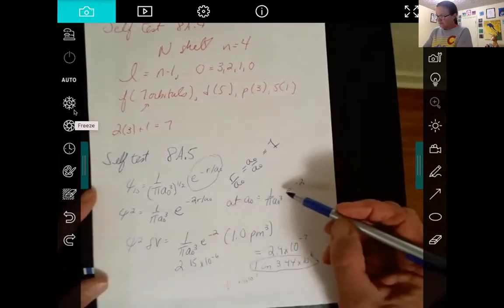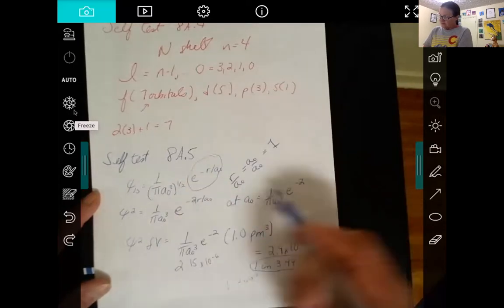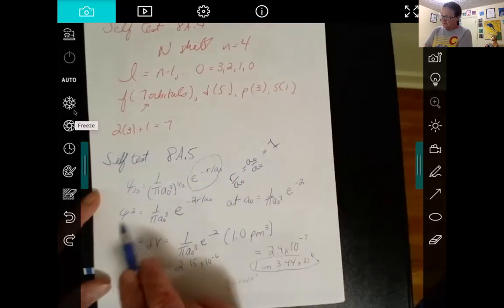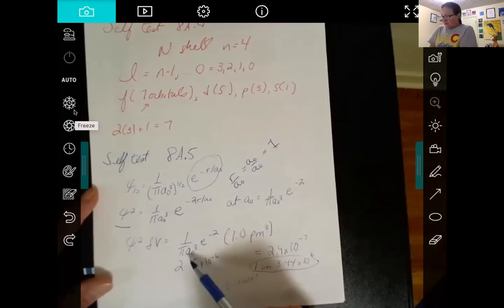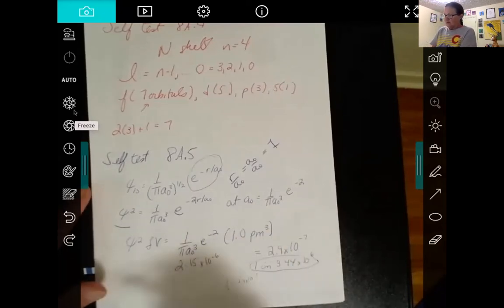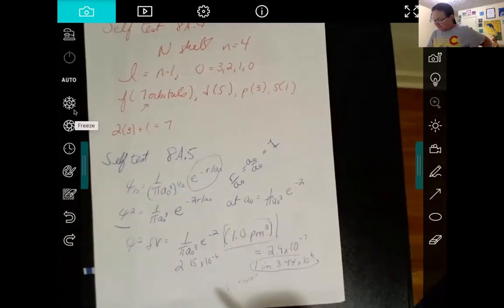So we end up with the probability being 1 over pi. I squared this term out front to get rid of the 1/2 when we squared to get the probability. So we end up with 1 over pi a0 cubed, e to the minus 2, and we want to know this in some small volume, 1 picometer cubed. If I put a0 in picometers, that's the only thing with units.